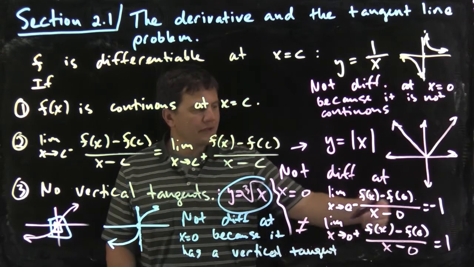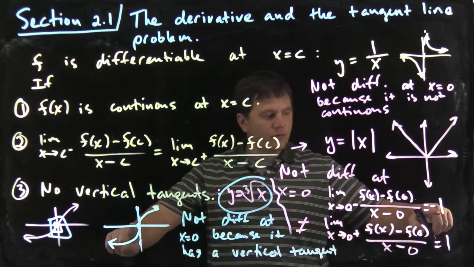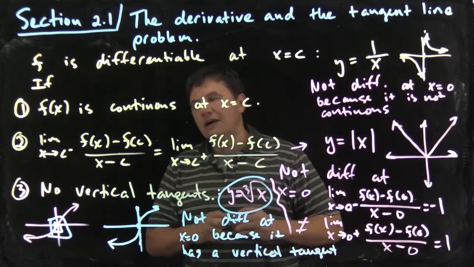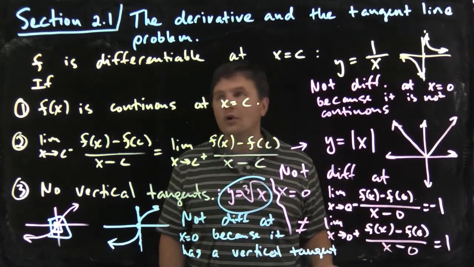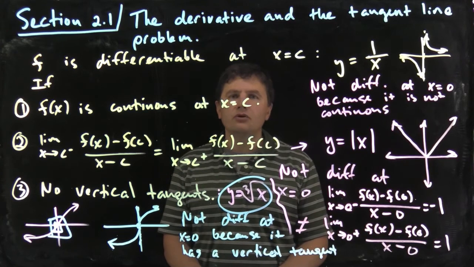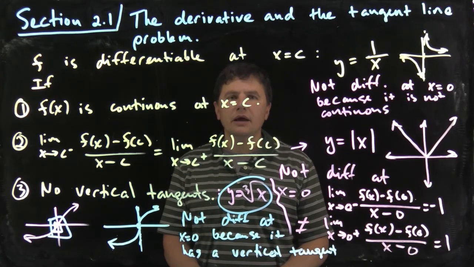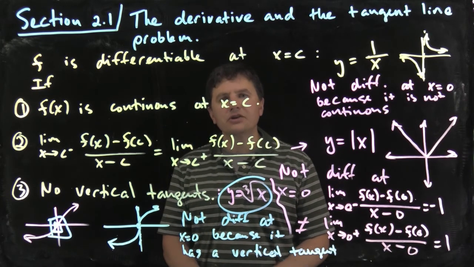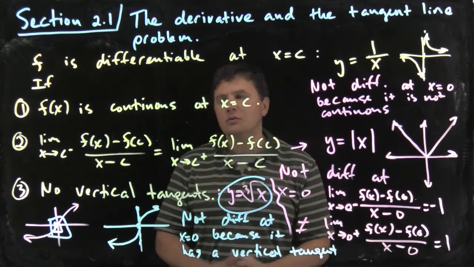In other words, from the left and right, so if we were doing 0 from the left, this would be infinity. From the right, that would be infinity. It's not a value. It's not differentiable. Okay, so that is it for section 2.1, the definition of derivative. The big thing with this is make sure you show all of your algebra step by step.